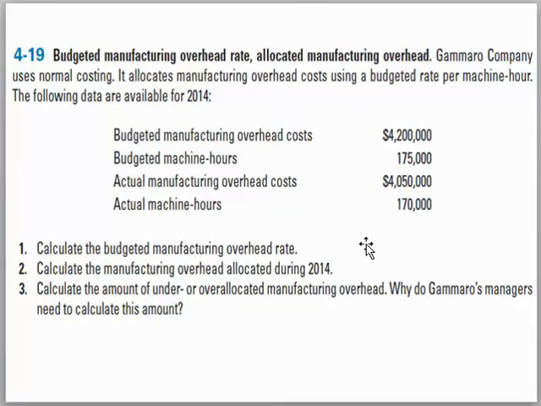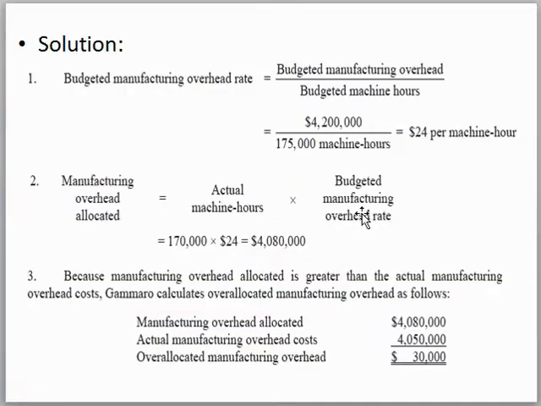Required number 2, calculate the manufacturing overhead allocated during 2014. We use the budgeted rate from the first question and multiply it by the actual machine hours, which is the actual base, to get the overhead allocated.